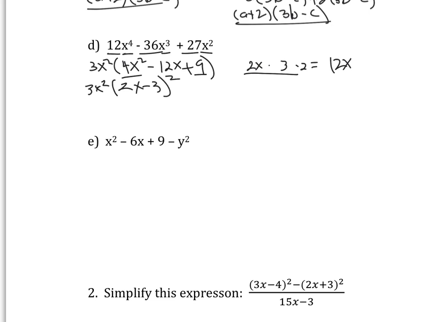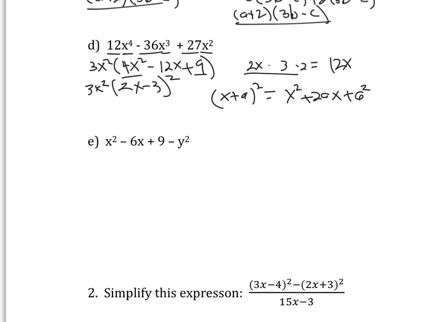So when we multiply out 2x minus 3, we would get 4x squared minus 12x plus 9. So again, make sure you learn the factorization pattern for a perfect square trinomial, which is, let's say we have (x plus a) squared is equal to x squared plus 2ax plus a squared.